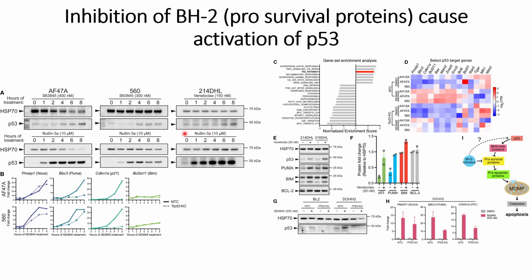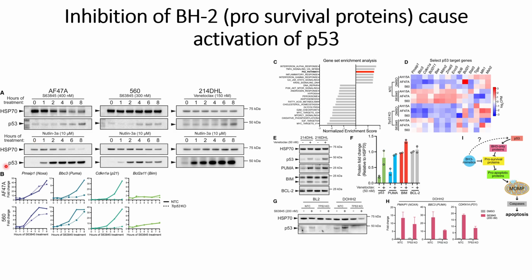As a control, they directly activated the p53 protein using nutlin 3A. In all three cases, p53 activation occurs after 1 hour. This indicates that there could be some indirect relationship between the BH2 survival proteins and p53 activation. That's why the p53 activation occurs late.